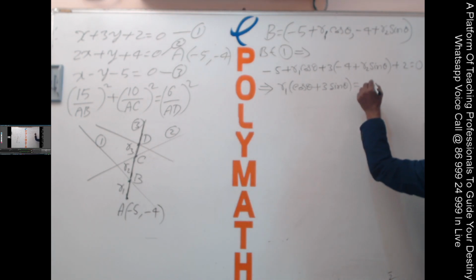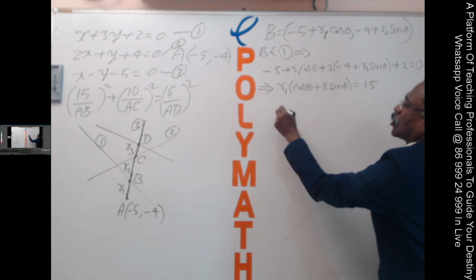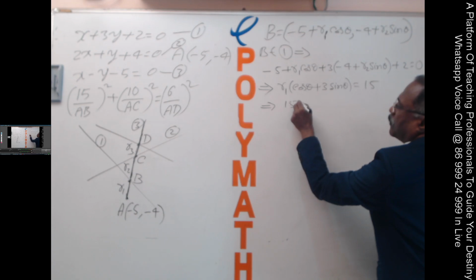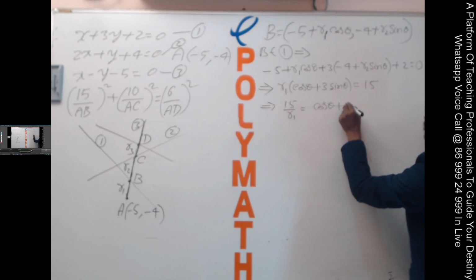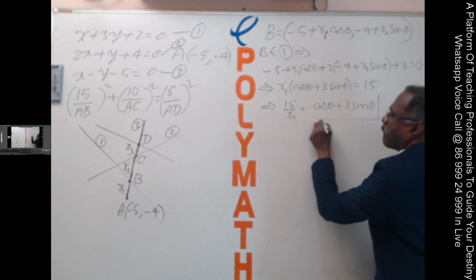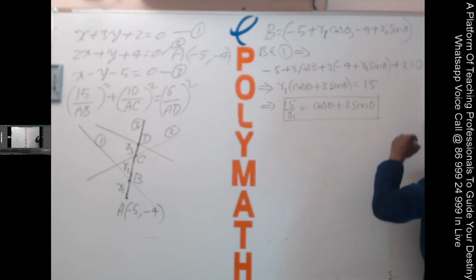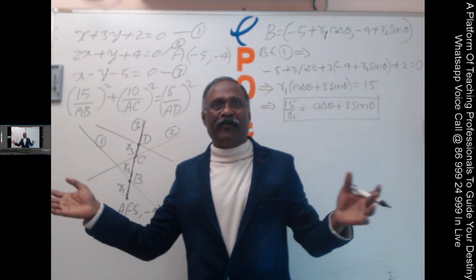Minus 17 plus 2. Bring it to the other side, 15. Now you have got 15 by R1 is equal to cos theta plus 3 sin theta. Just check it out. 15 by R1 means 15 by AB we have got.